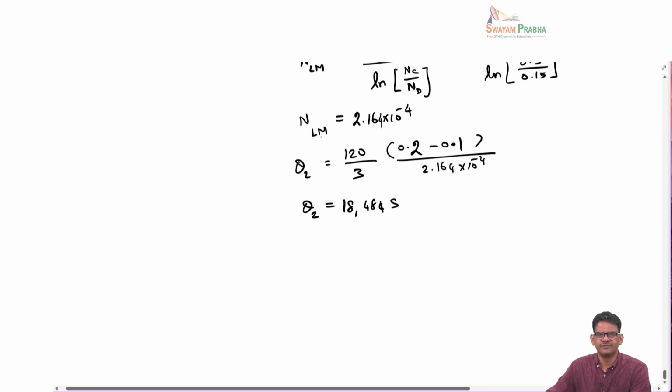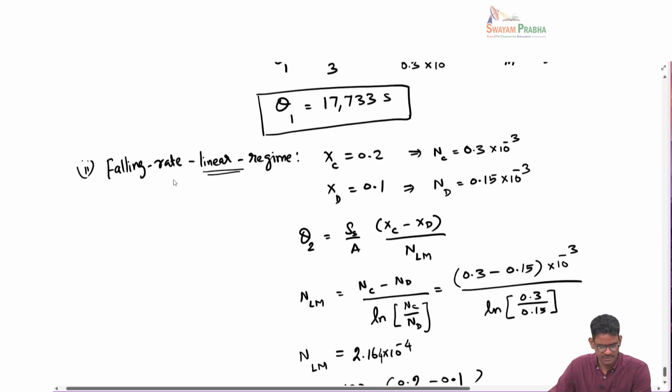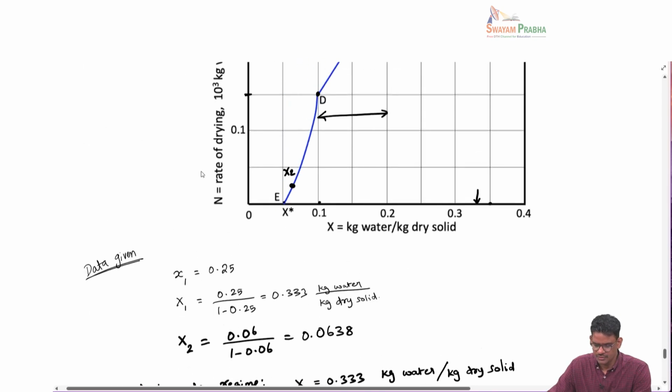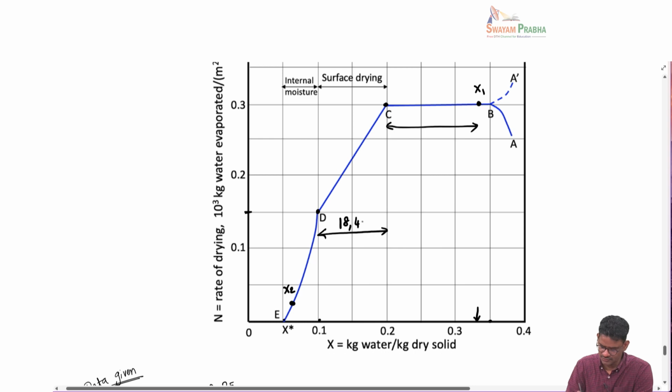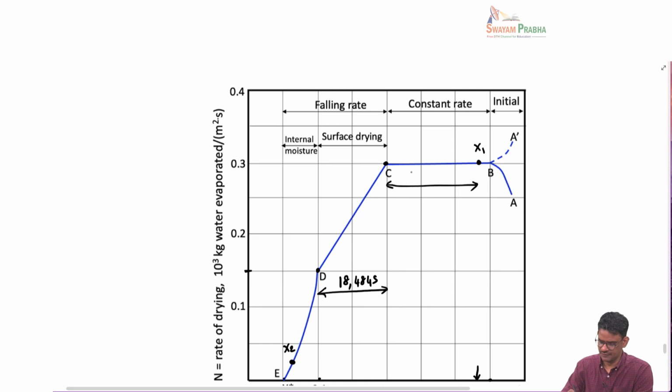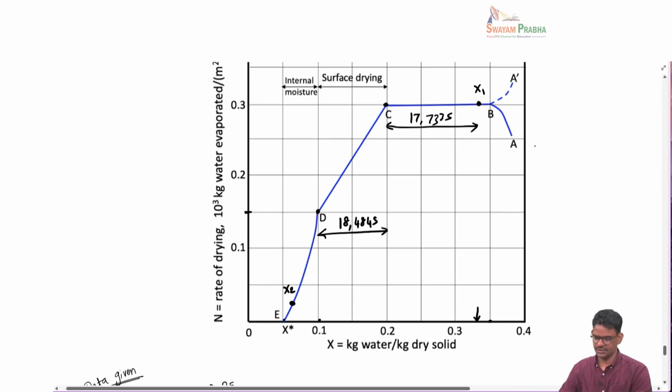So some 18,500 seconds you should get for the second region. Here we have something like 18,484 seconds. Here we had about 17,733 seconds.